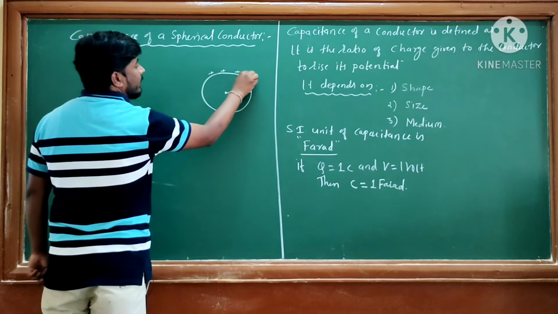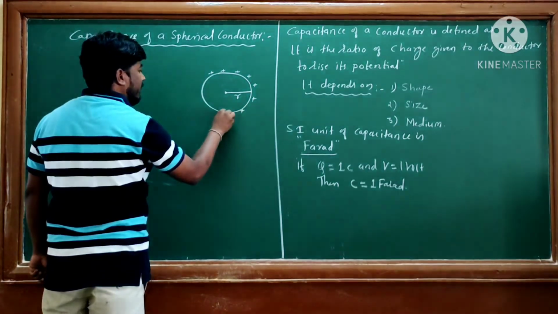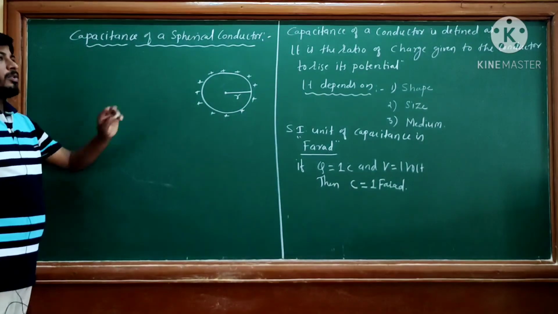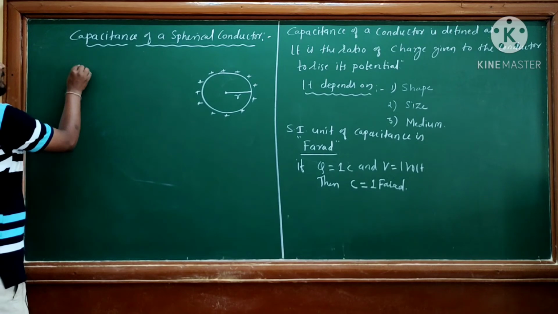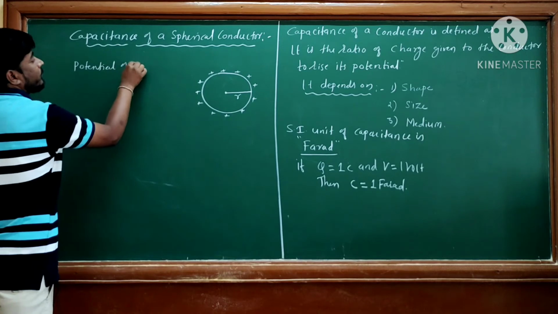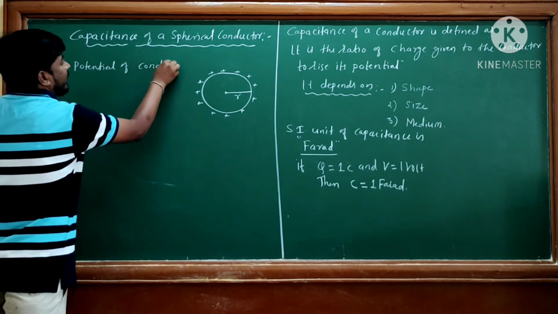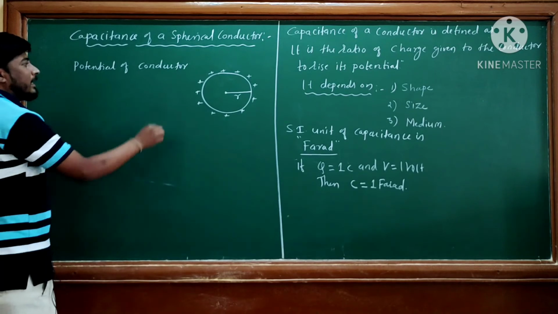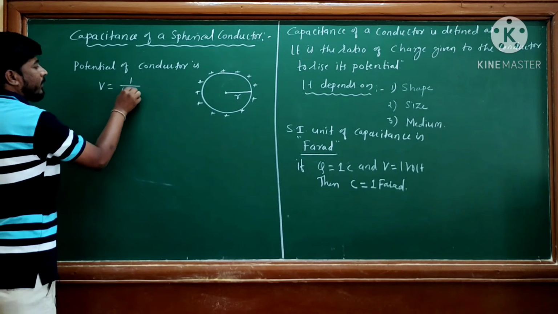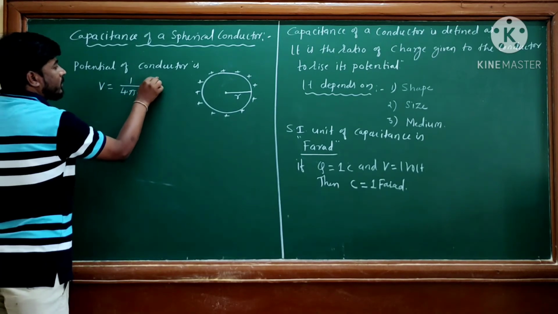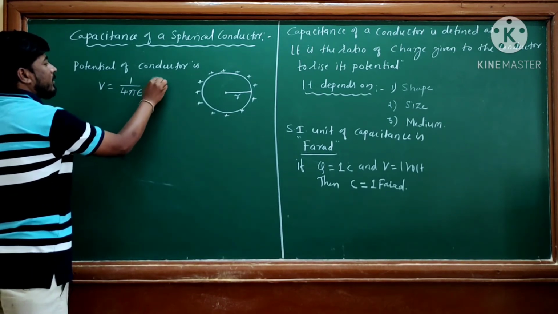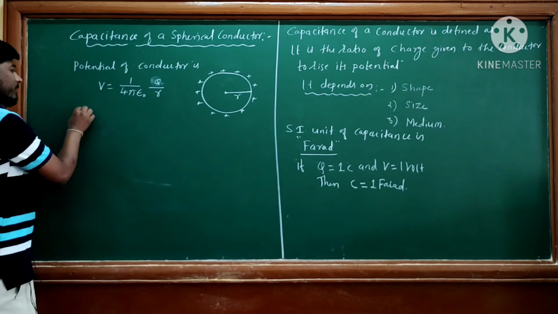Now I will charge this conductor. Then we can find the potential of the conductor: V is equal to 1 by 4 pi epsilon naught Q divided by R, where the charge given is Q.